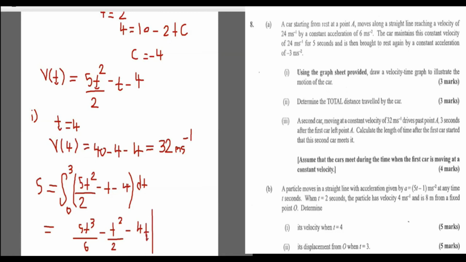Plugging in 3, we get 5 times 3 cubed divided by 6, minus 3 squared divided by 2, minus 4 times 3, and I'm getting 6.